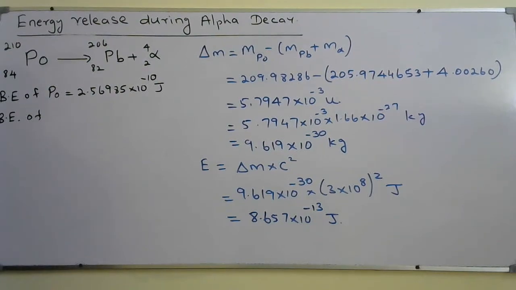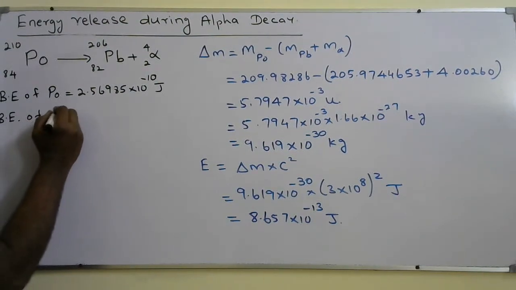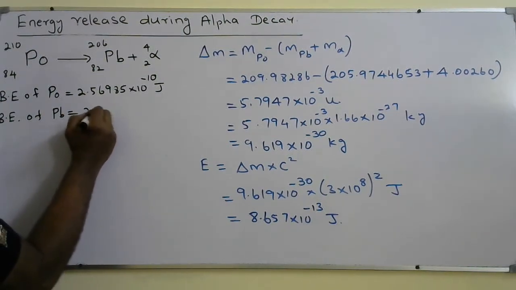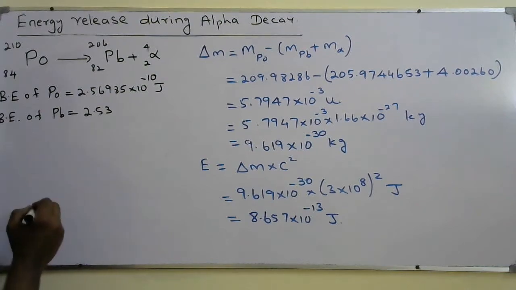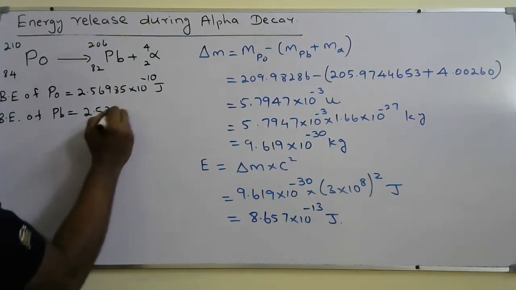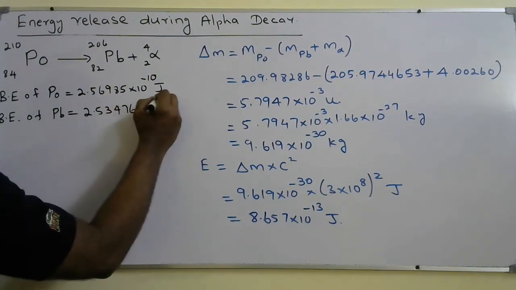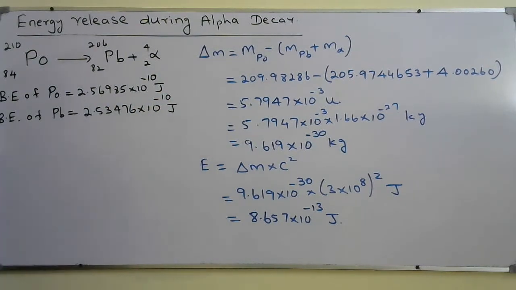Binding energy of Pb, this lead nucleus, is 2.53476 times 10 to the power minus 10 joules.